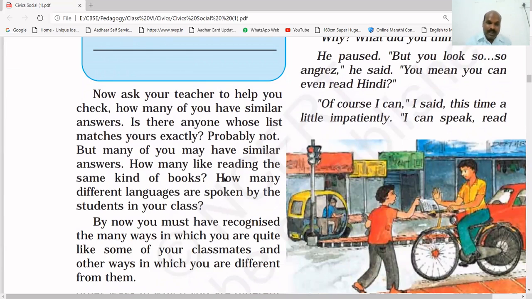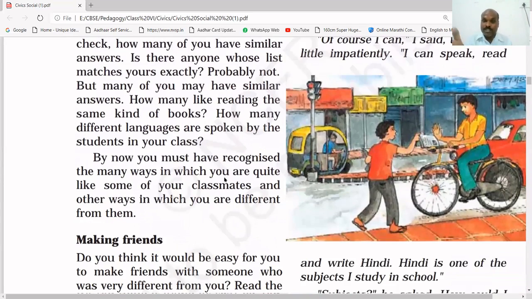Now I think with these examples, you understand a little bit about how diverse your class is. Then you can imagine how different people are around us in other states, all over India, how different the languages they are speaking.